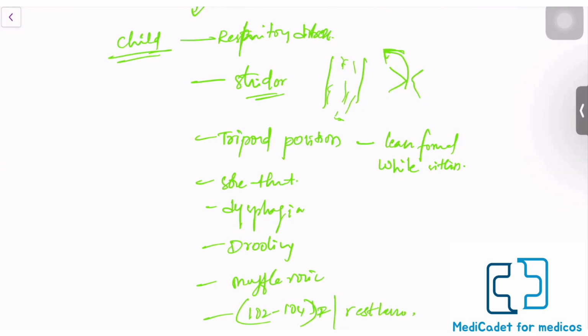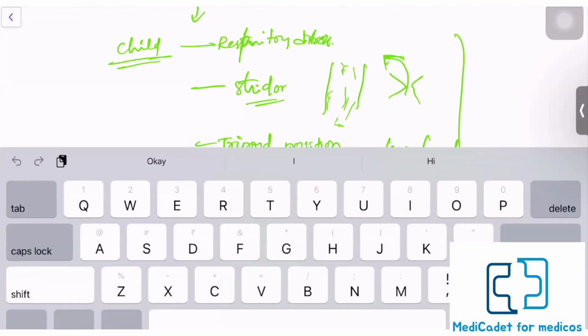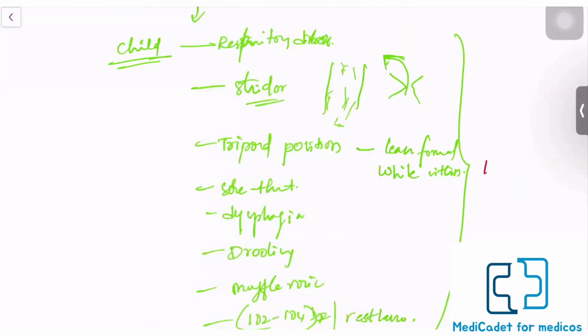This is the presentation any child with epiglottitis will have in the clinic. And the first bug that causes epiglottitis, the first differential you should have in mind, is Haemophilus influenzae.